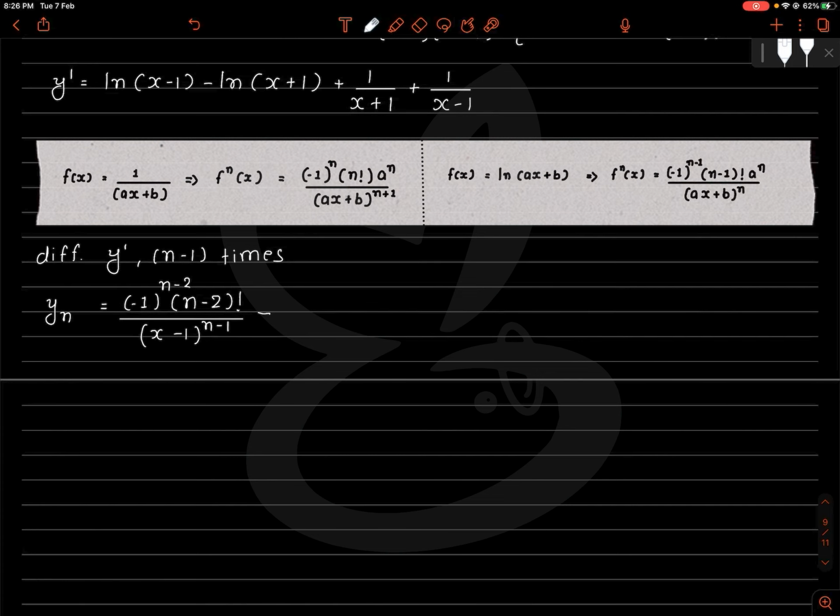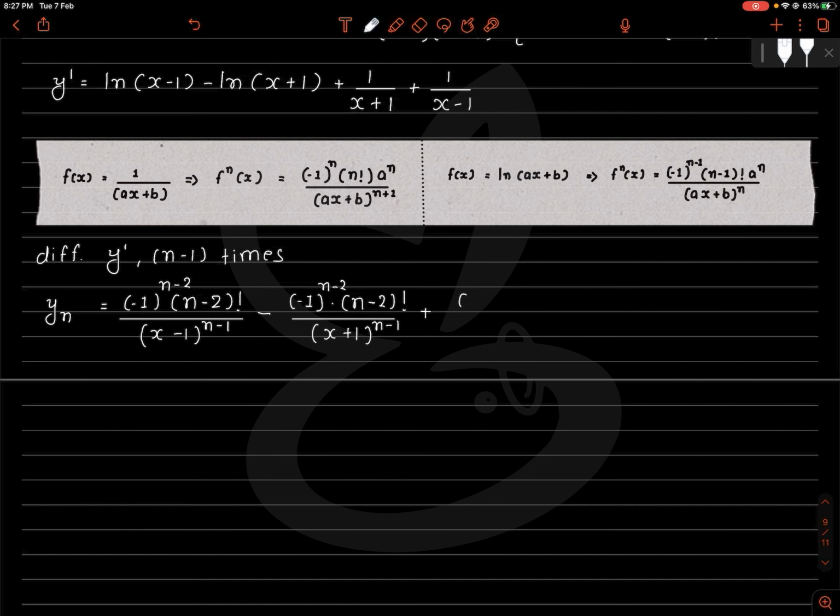The same way for this part, we will get (minus 1) raised to n minus 2 multiplied by (n minus 2) factorial upon (x plus 1) raised to n minus 1, plus. Now we will apply this formula, and here you can see a is 1, b is 1, and we will replace n with n minus 1.